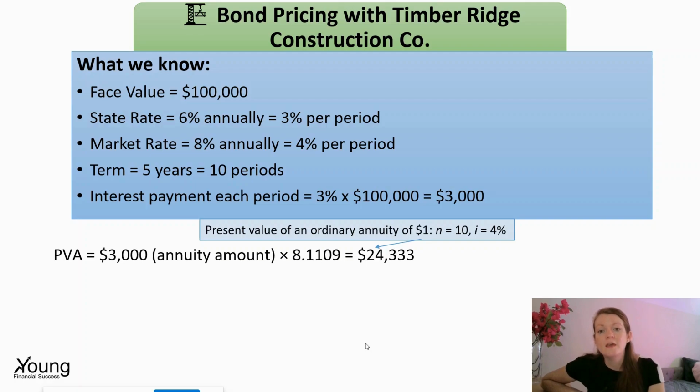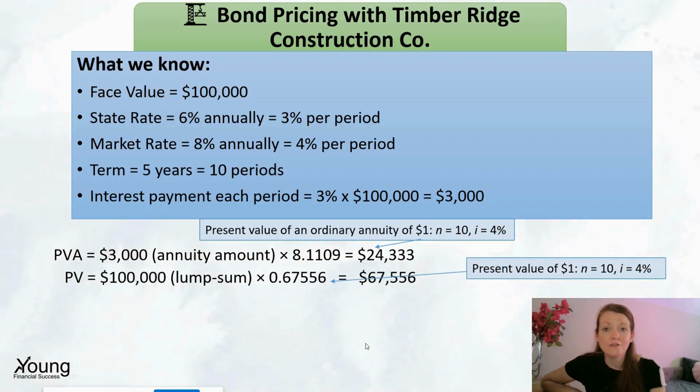So when it comes to calculating the price of the bond, we also need to consider the $100,000 they're going to get at the end of the 5 years. So we take that 100,000. This time we're just going to use the present value factor, not present value of annuity, because the 100,000 is a one-time payment.